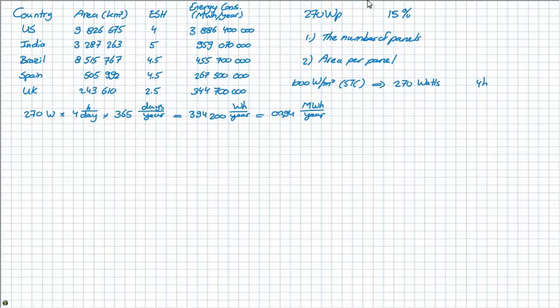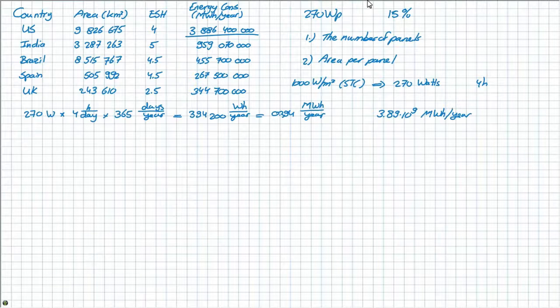The energy consumption in the US is given in megawatt hours per year also, and for the US, this is almost 4 billion. In 3 significant numbers, this is 3.89 times 10 to the 9th megawatt hours per year. So then dividing this number by the annual energy output per panel, you get the number of panels necessary.